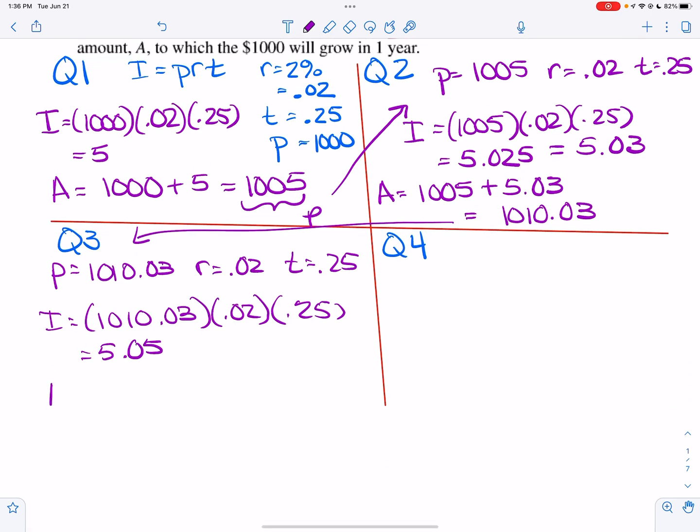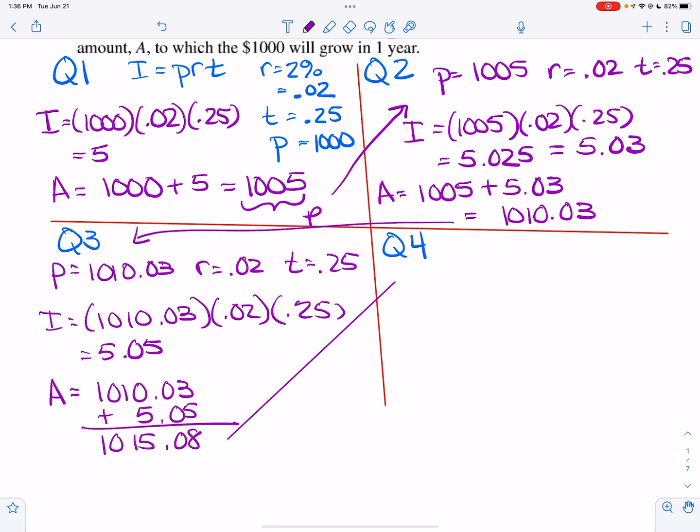So at the end of the third quarter, I have $1,010.03 plus $5.05, and that gives me $1,015.08, which becomes my new principal in quarter 4.